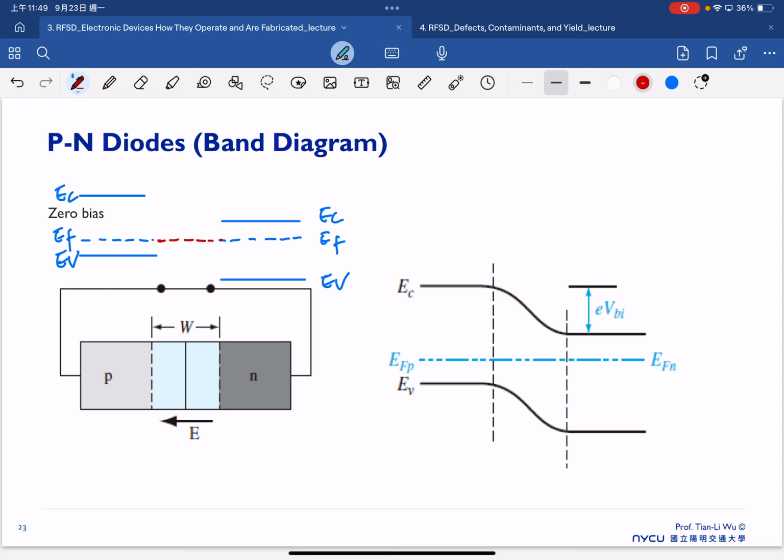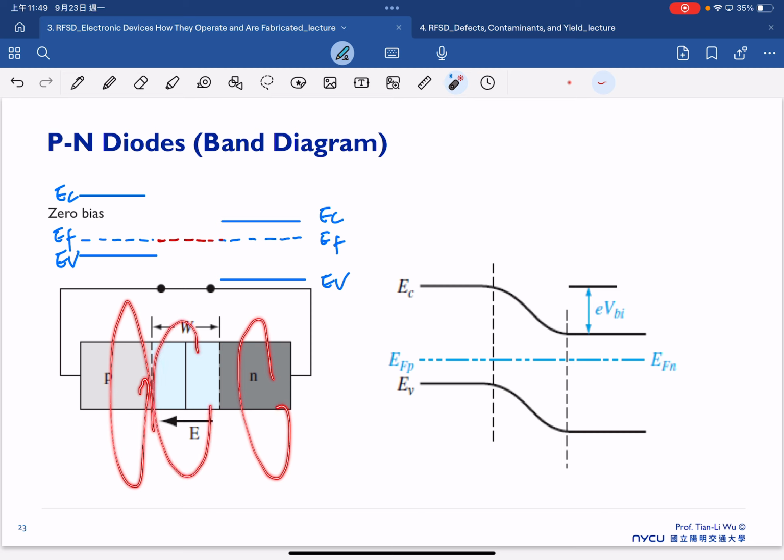But now you have probably already observed that we align the left-hand side band diagram with the right-hand side band diagram. And also, we are all talking about silicon. In this case, this is silicon, this is silicon, this is silicon. So the band gap will be the same. The conduction band and valence band will be the same in all the systems.